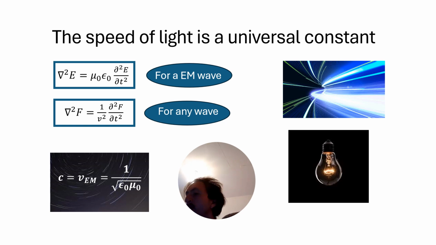However, here I'm going to be a little pedantic about what I mean by all observers, because that isn't completely technically true. The reason is that this result, although true, depends on Maxwell's equations being true.